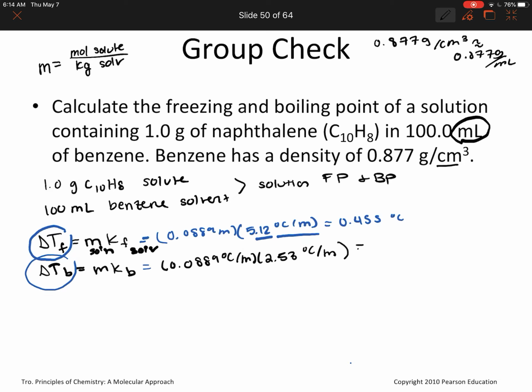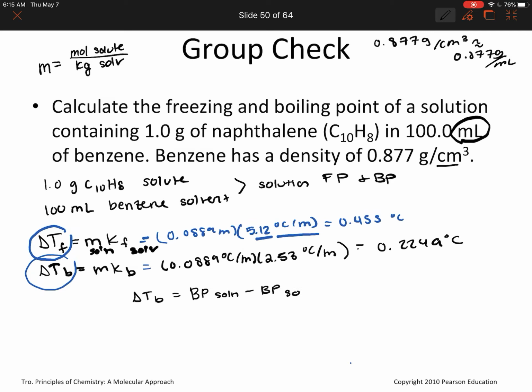For those of you wondering where I'm getting these numbers from, this is on page 601 in your textbook. So if I multiply these two together, 2.53 times 0.0889, I get 0.2249.